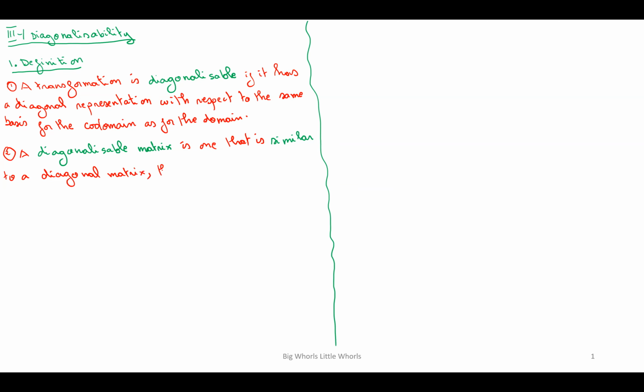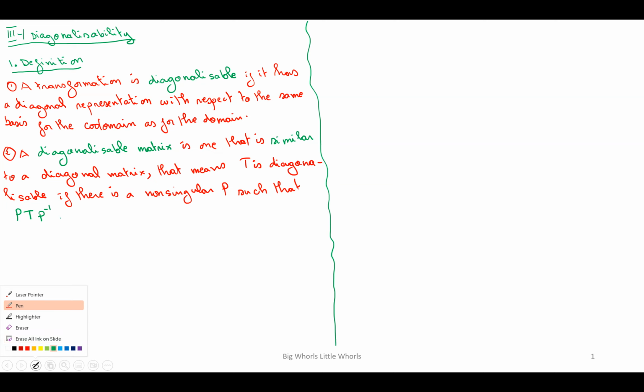That means T is diagonalizable if there is a non-singular P such that P T P inverse is diagonal.